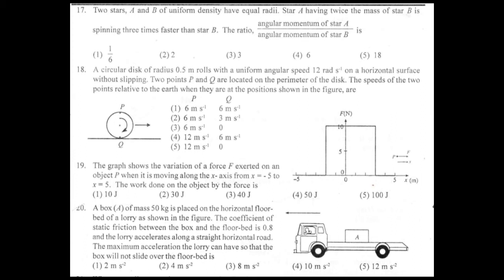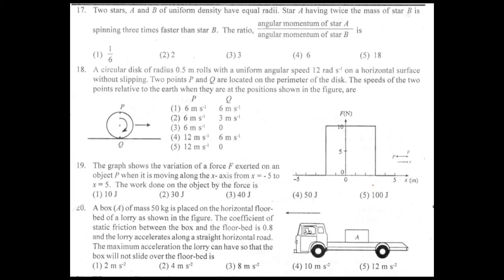For the angular velocities, for B omega and for A 3 omega. And they ask for the angular momentum ratios. Angular momentum is I omega. So they ask for IA omega A divided by IB omega B.